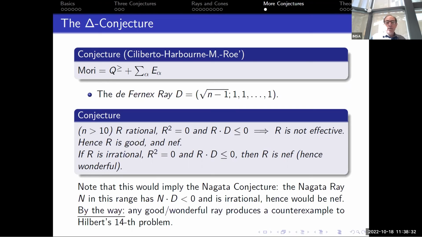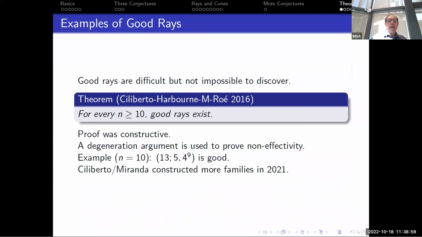By the way, any good ray or any wonderful ray would provide counterexamples to Hilbert's 14th problem, following Nagata's proof word for word, more or less. It's the same technique we showed. So many examples if you can find good rays or wonderful rays.